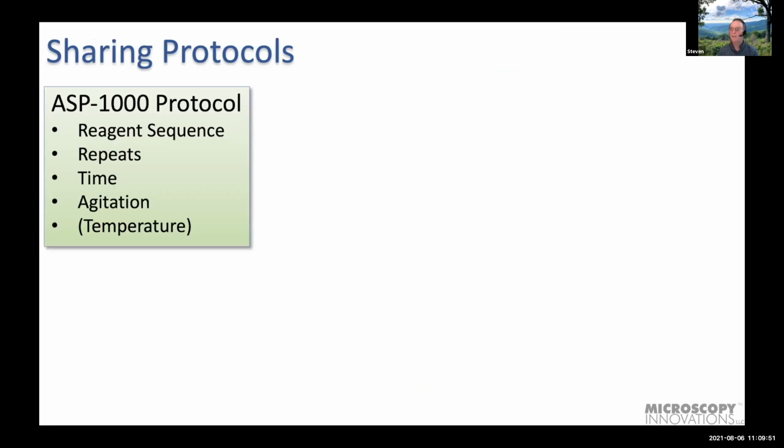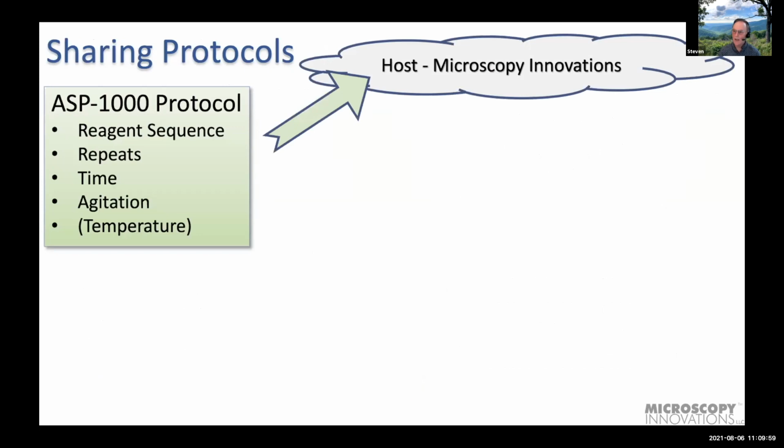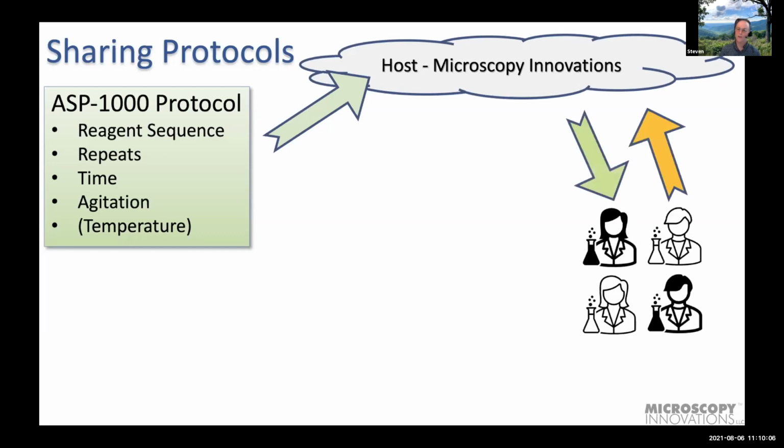But this method doesn't reach the entire ASP user community. It only reaches those individuals who are in the email chain. So we're in the process of creating a cloud-based sharing system that will facilitate sharing among all the users that choose to do so. And of course, all users would be welcome to share.